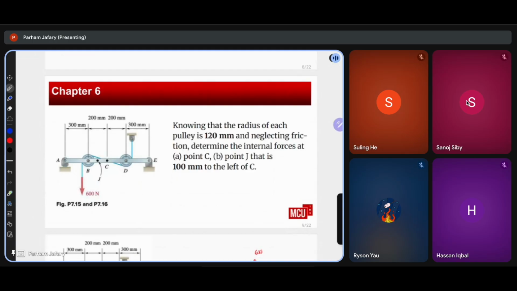Okay, any ideas on how to solve this? Somebody else, say something. Why not? Just give it a try. You can say draw the free body diagram. That's always valid.